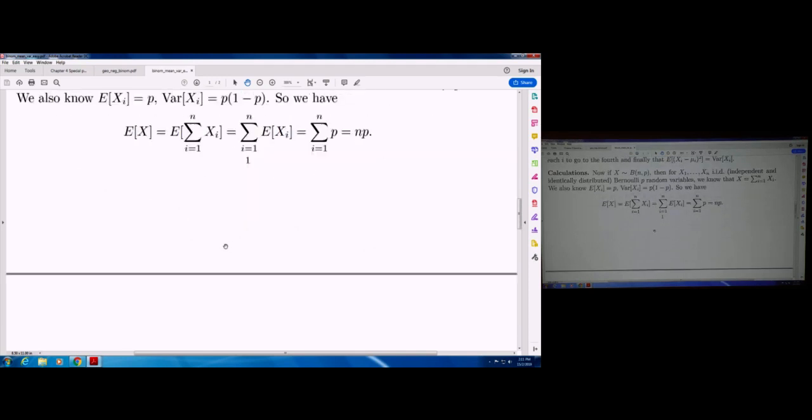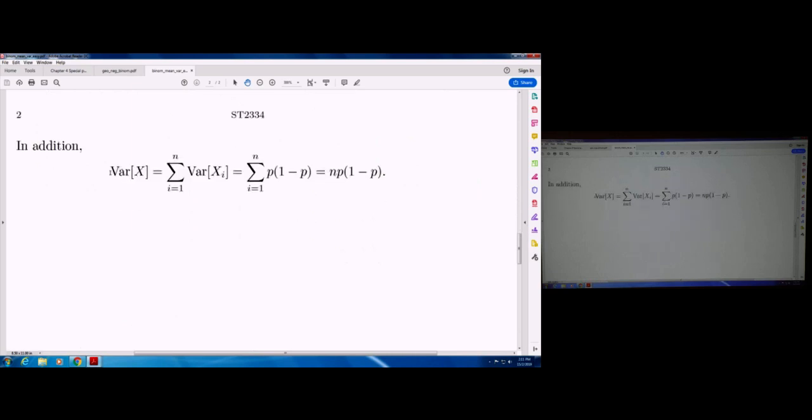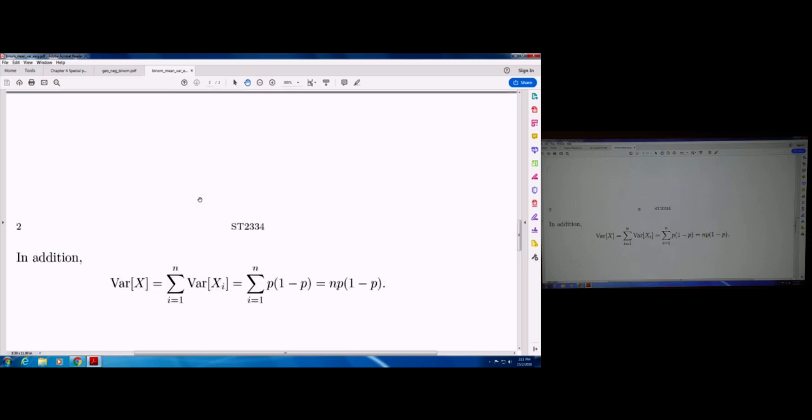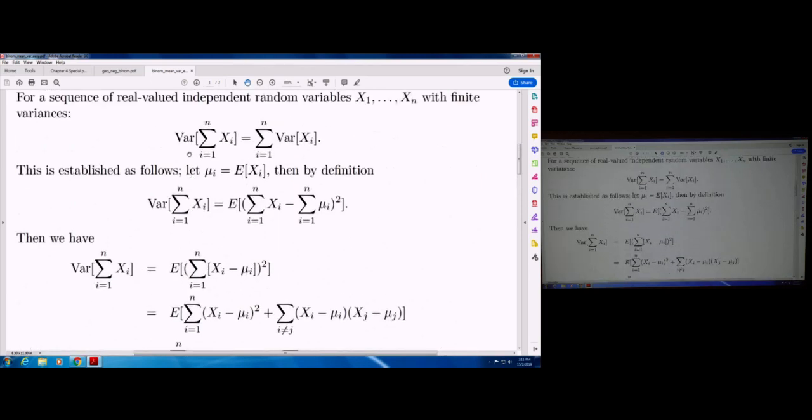The variance is again very similar. It's one line. The variance of the random variable X, where X is binomially distributed, is the variance of the sum from i equals 1 to n of the Xi's. We know, as we were just discussing, that the variance of the sum is equal to the sum of the variances, since the Xi's are independent.